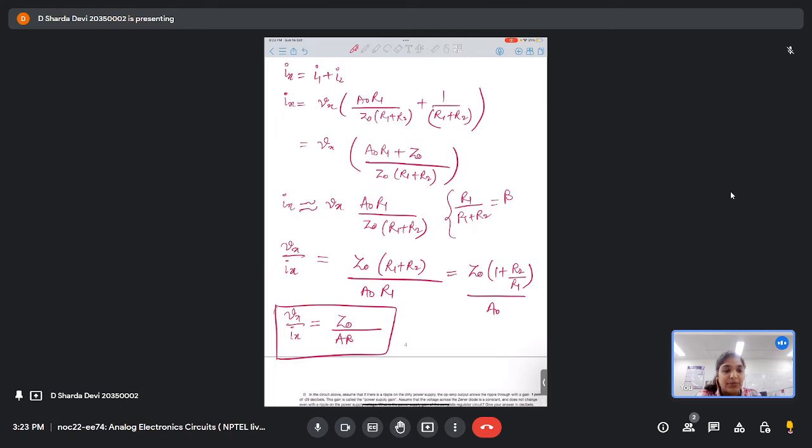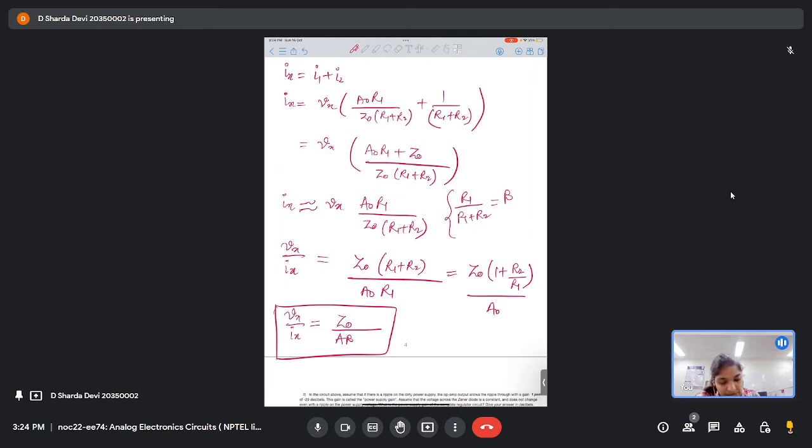So here the output impedance becomes Z0 by A beta. Similarly, gain also reduces. Stabilization means gain also reduces, so the gain will become the initial gain upon A beta.